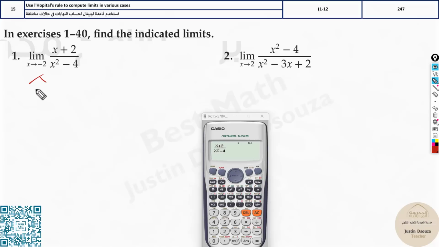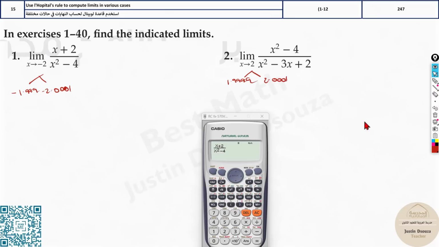You need to take two values which are very close to negative 2. It can be minus 1.999 and minus 2.0001. Now negative 2.0001 is the lesser value, so I'd write it before, and then the greater value is minus 1.999. Whereas over here for 2 it is 1.999 and 2.0001.